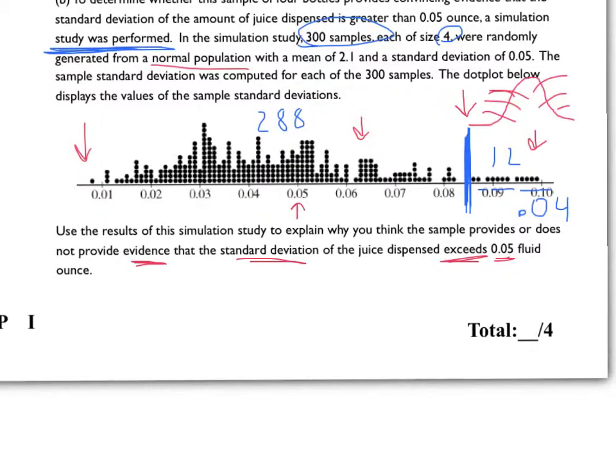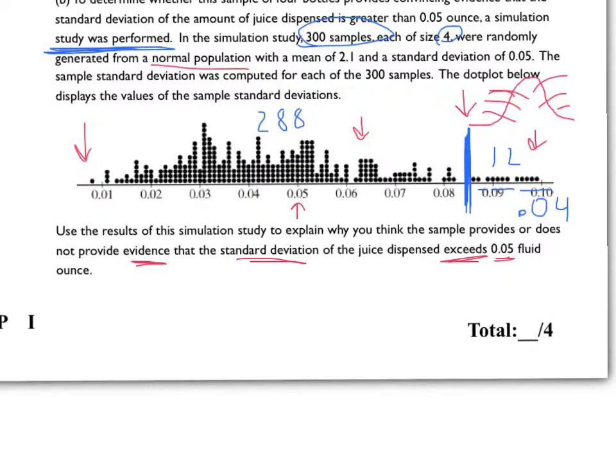That means it's unlikely enough. When we assume alpha being 0.05, 0.04 is less than that. It does provide evidence that the standard deviation is too high. And so we are going to try to write that now as a conclusion.